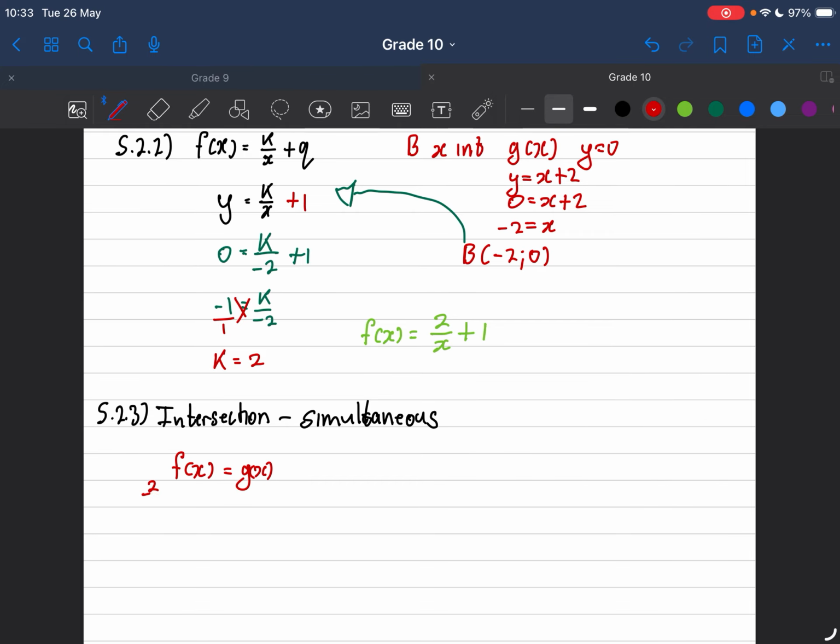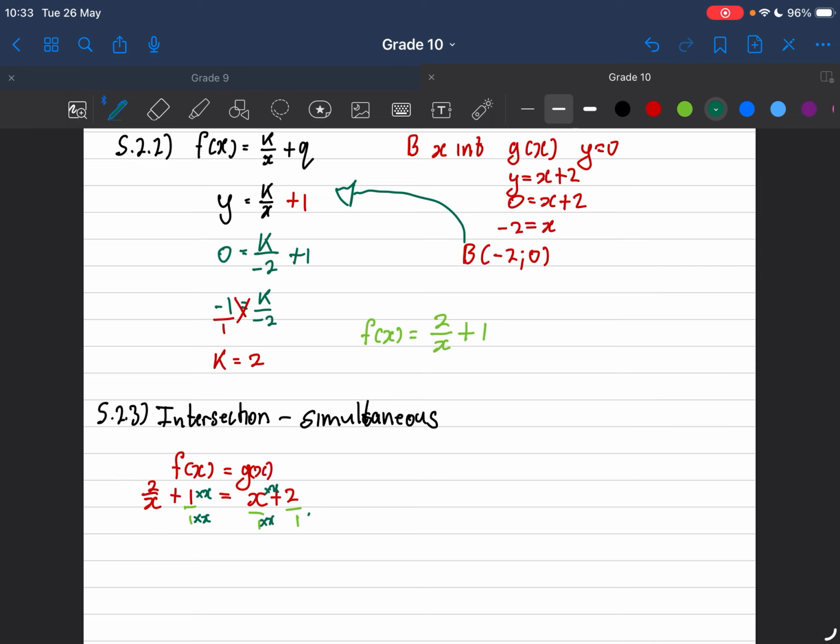The f of x equation is 2 over x plus 1, and the g of x equation is x plus 2. To solve these, we can begin by making them all fractions over 1 and applying LCD. So you can multiply this by x and that by x to make all the denominators x.